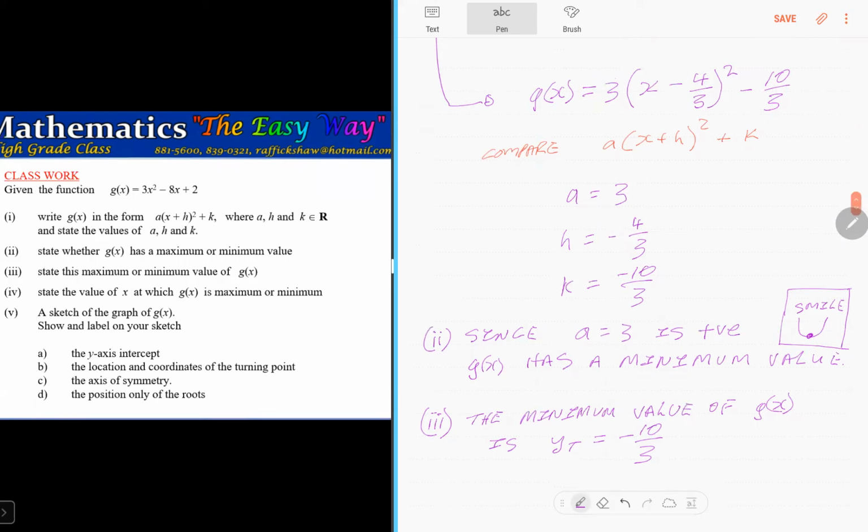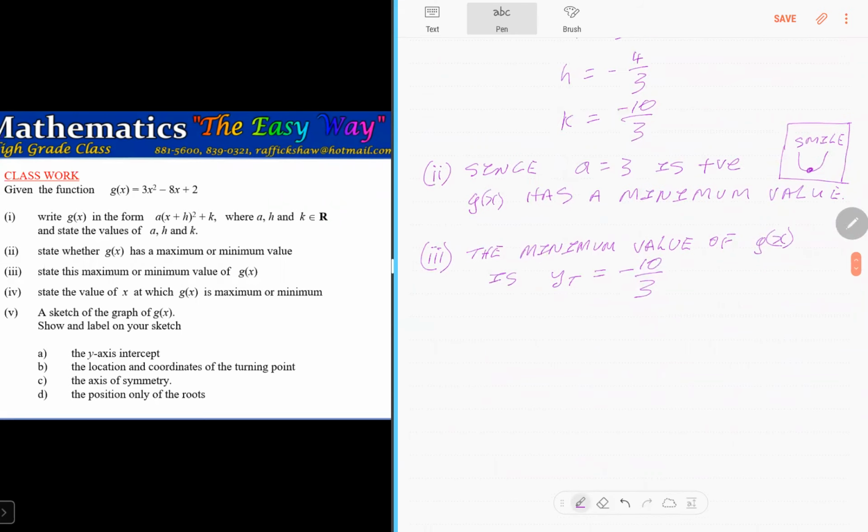All right. Then part 4 is asking us to state the value of x at which g of x is maximum or minimum. We know it's minimum. So g of x is minimum at the point where x equals xt, because the xt and the yt are at the same point. All right, so let's write it.